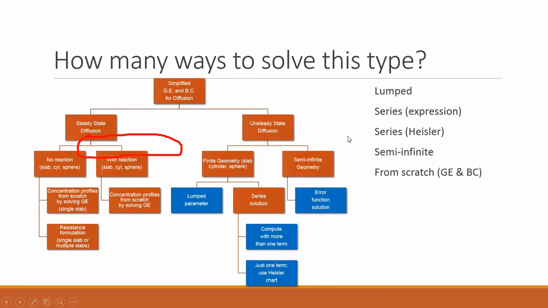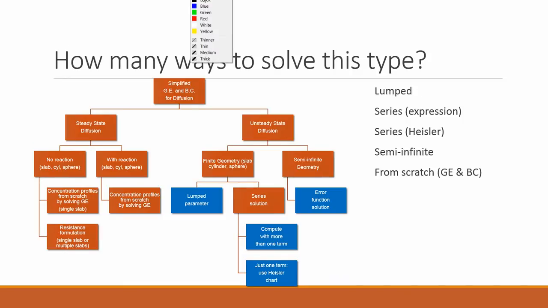Now by now you are familiar with this chart that shows all the steady and unsteady solution possibilities. So in this case, we already said that it's an unsteady state problem. Now, unsteady state problems can be solved in a number of ways, as we have done.